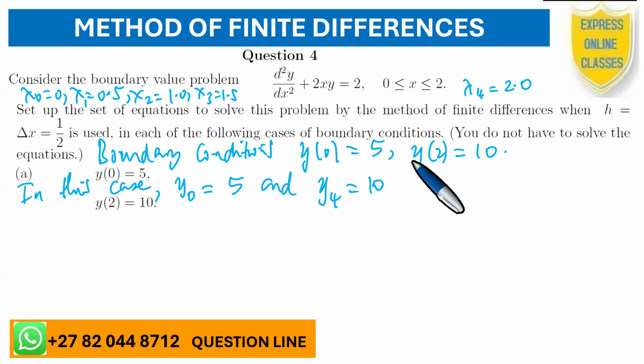That is why x4 corresponds to y4. We don't know the value of y at 0.5, 1.0, or 1.5, but we know it at 0, so we know y0, and we also know y4, which is y at x4, that is y at 2, and y at 2 is exactly 10.